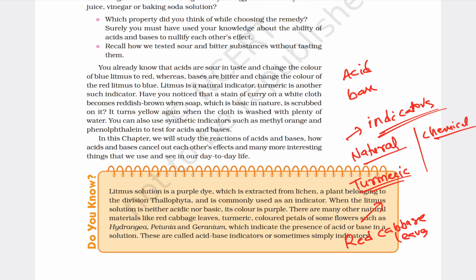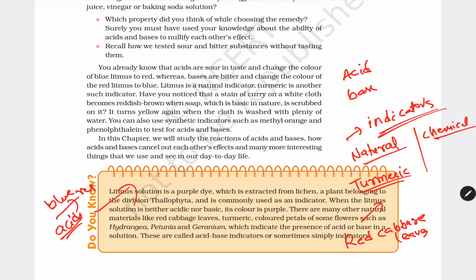So what is this litmus? Litmus solution is extracted from lichen, and turns red in acids and blue in bases. Blue litmus will turn red in acids, and red litmus will turn blue in bases.